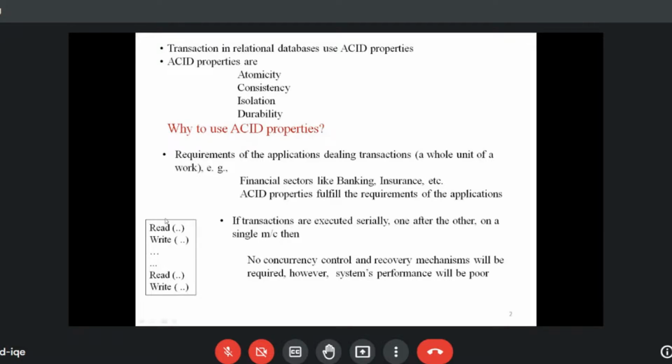So a single transaction is shown here. In a transaction, from the point of view of the database, only read and write operations are relevant, because the application either reads a data value from the database or writes a data value in the database.